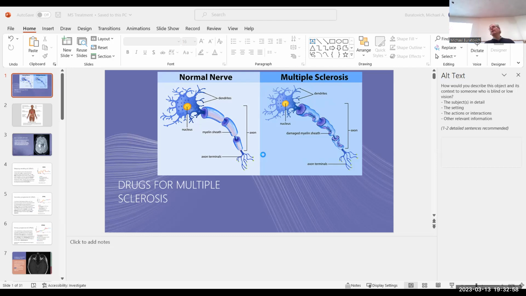The cause of MS is not known. It's linked to both genetic and environmental factors. Females are more likely to experience it than males. Certain types of HLA alleles, particularly class 2 alleles, are known to increase the risk of multiple sclerosis.